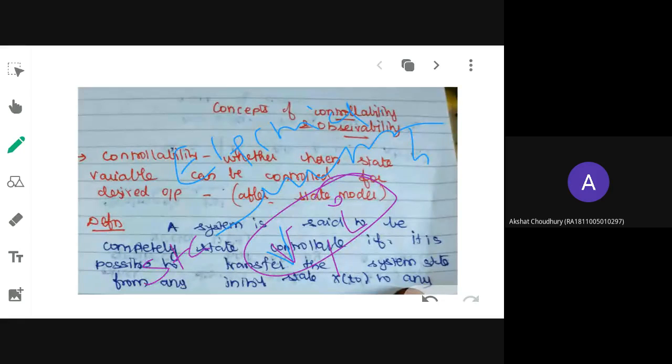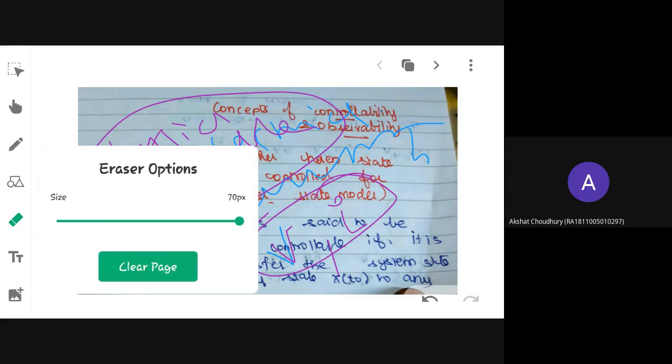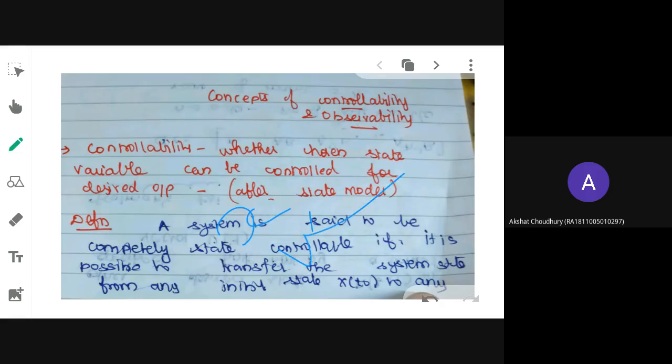In this case, they are physical variables. So you can opt for state variables using physical terms like voltage or current. In a mechanical system, what values have you chosen for state? Displacement, velocity, all those things we have chosen to be state variables. Are those physical variables or phase variables?